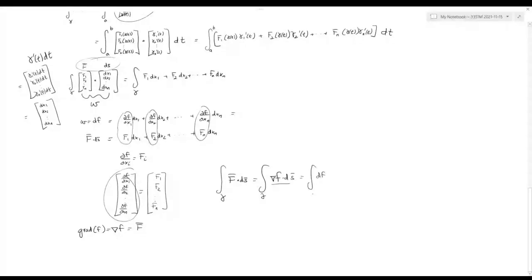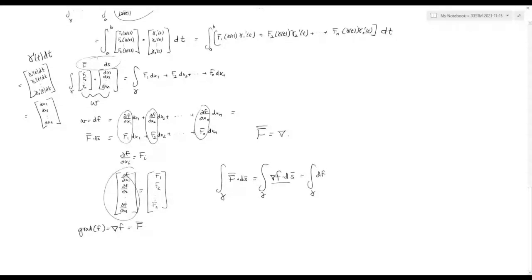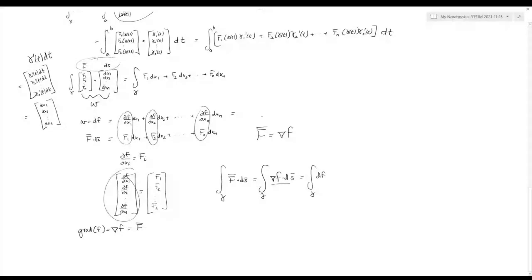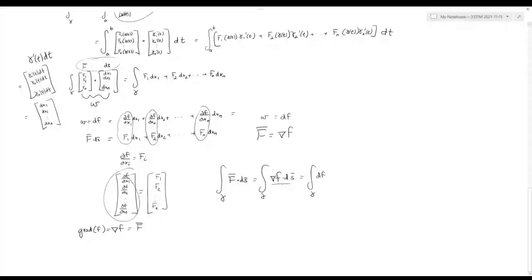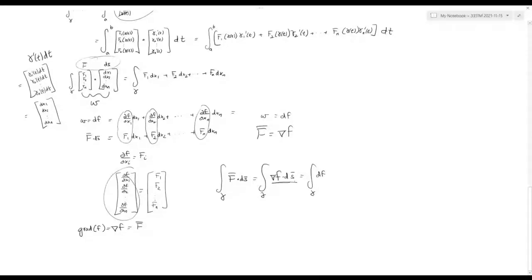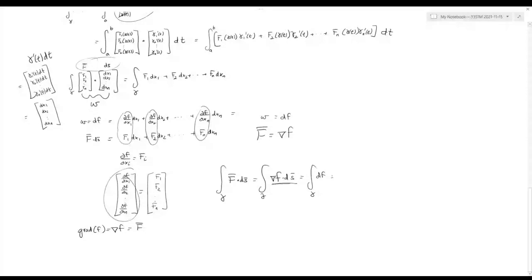So in the case where your vector field is born out of finding the gradient of some real valued function, that's akin to saying that a one form is the differential of some real valued function. So then that just becomes df. And so by the fundamental theorem of calculus, this is just f at the terminal point minus little f at the starting point.